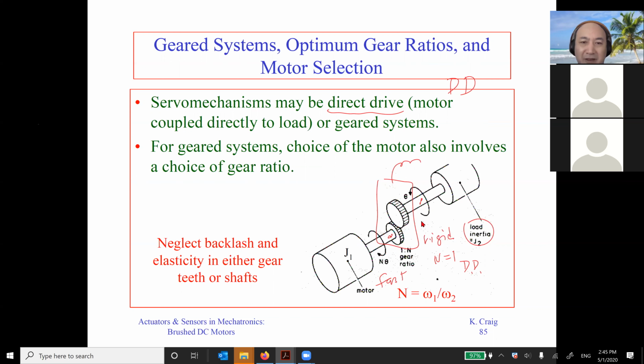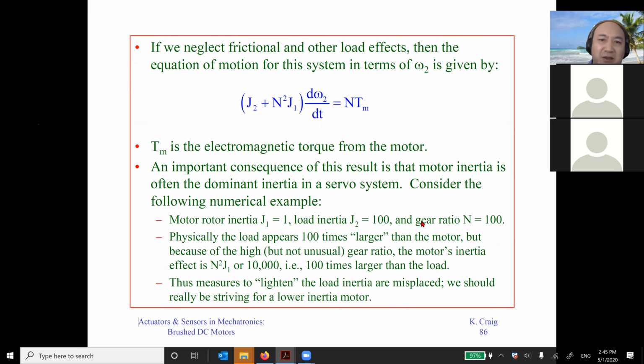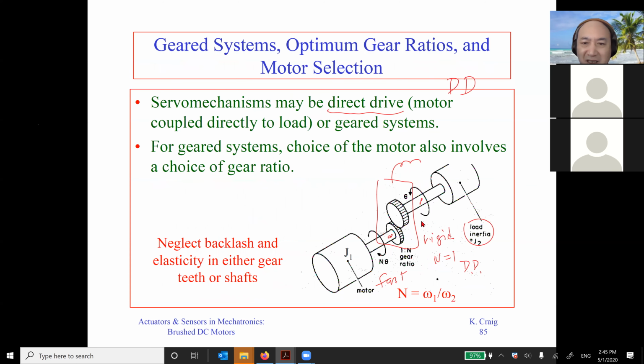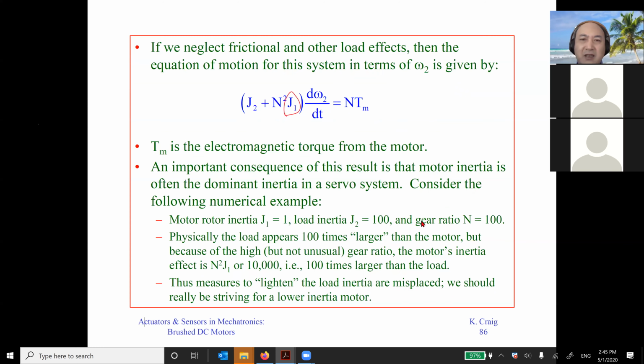When we have a gear, we have to talk about the gear ratio. There is an interesting argument regarding gear ratio, because the gear ratio will amplify J1. J1 is this side, the motor side, lumped into the original one. This is J2, the load inertia. J has an official name, moment of inertia, MOI.